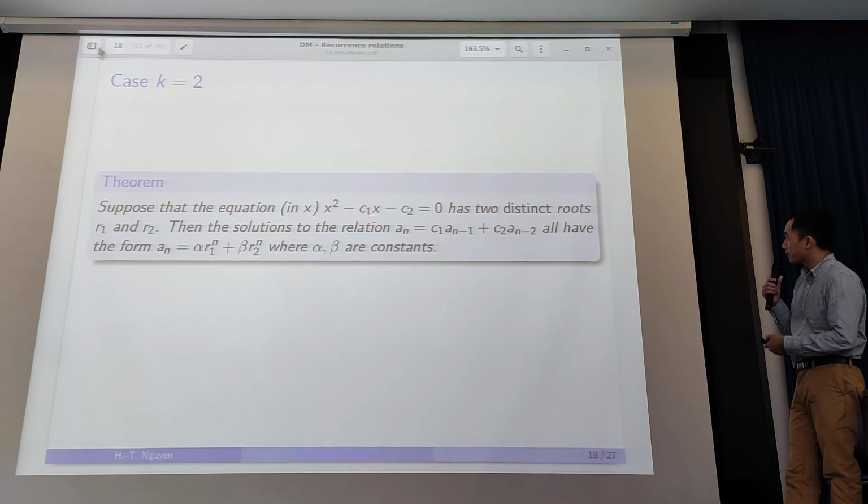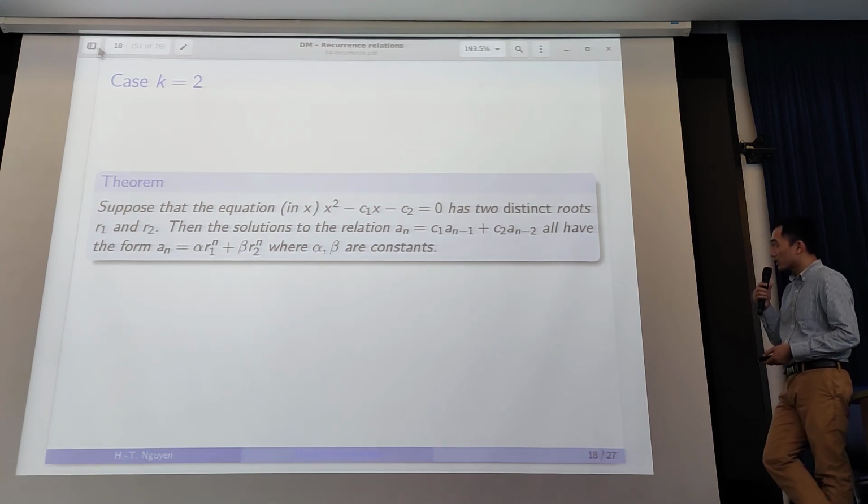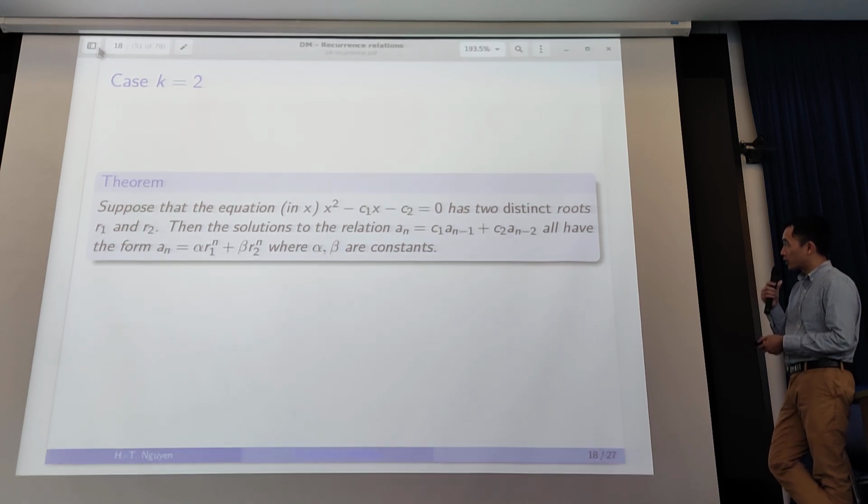For the first case, suppose that everything goes well and our characteristic equation has two different roots, namely R1 and R2.